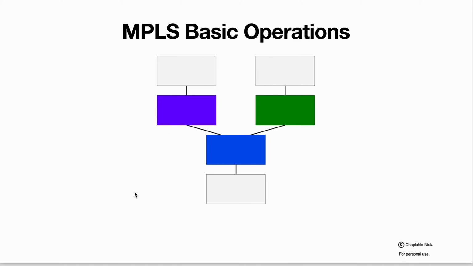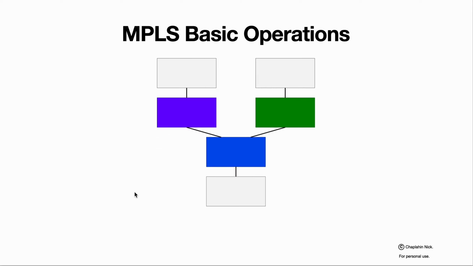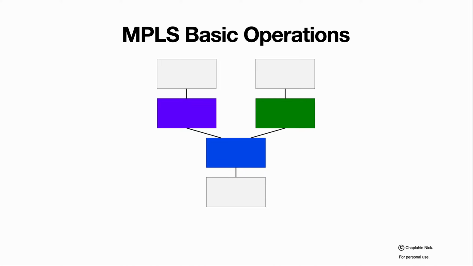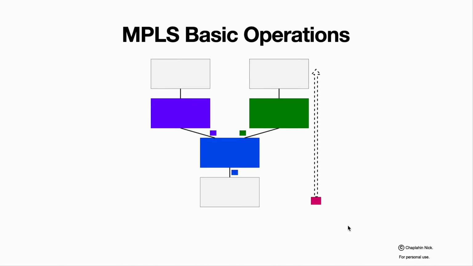So again, basic MPLS operations: destination matters. We always need to keep in mind where from frame goes and where to. In this particular example, we have a frame that we need to send somewhere upwards. For example, frame is generated by some device that is not in MPLS domain.